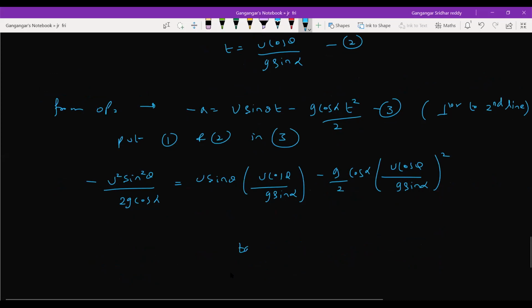So we'll end up with tan theta equal to root 2 minus 1 cot alpha.